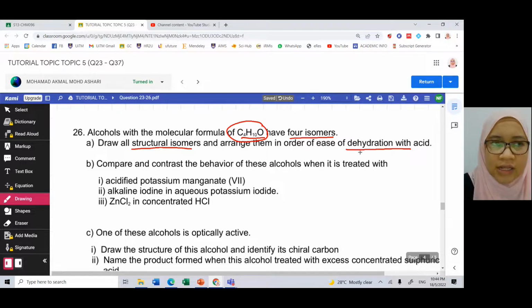So the ease of forming a double bond, because we know that the final product of dehydration will be an alkene. Which one prefers, which one is easier to form alkenes. Again, you have to consider the classification. First thing first, draw and show all the 4 isomers that satisfy this chemical formula.